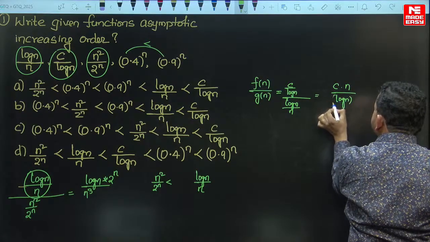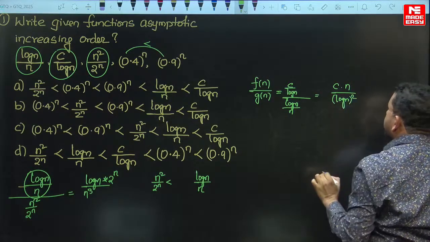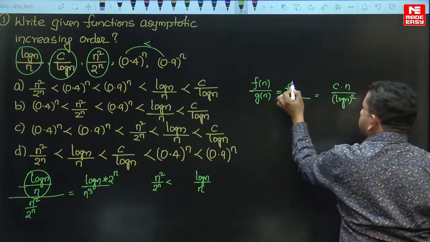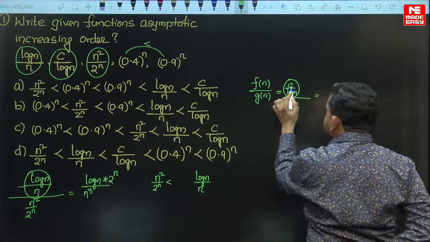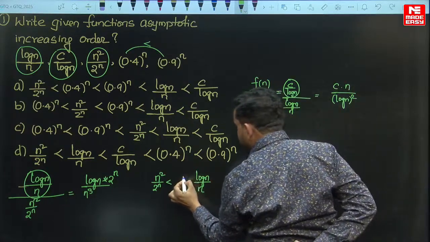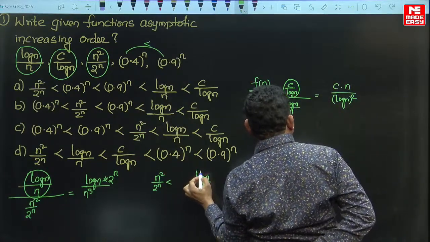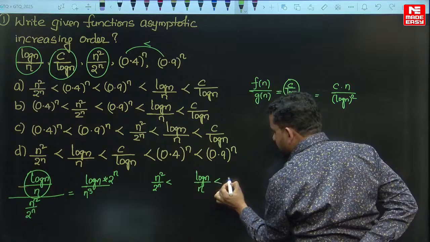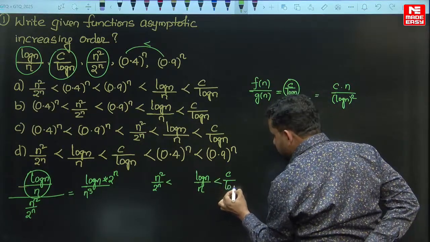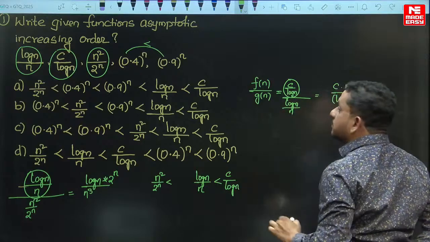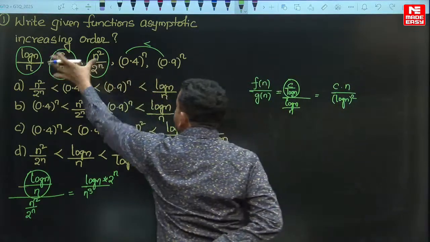Now the numerator is polynomial, the denominator is logarithmic, the numerator is asymptotically bigger, so constant by log n is the bigger function than log n by n. So these three functions are concluded.